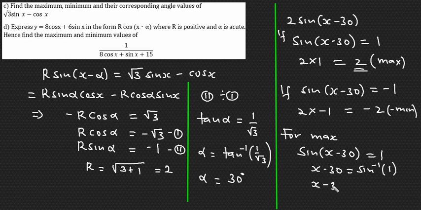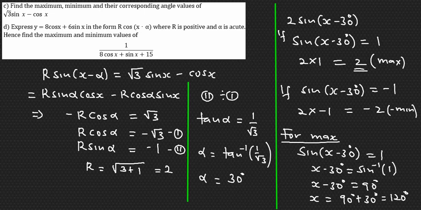So x minus 30 degrees is equal to 90 degrees, meaning x is going to be equal to 90 degrees plus 30 degrees, which is 120 degrees. The maximum value will occur when x is 120 degrees.